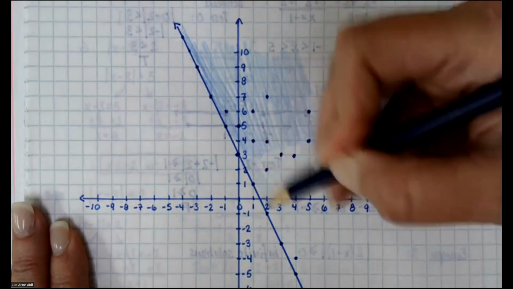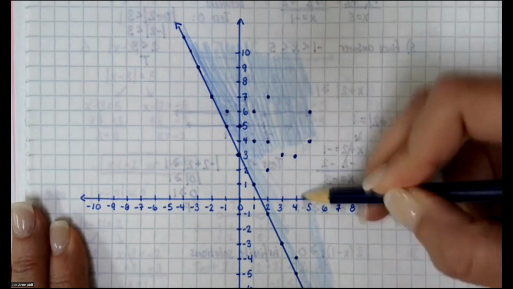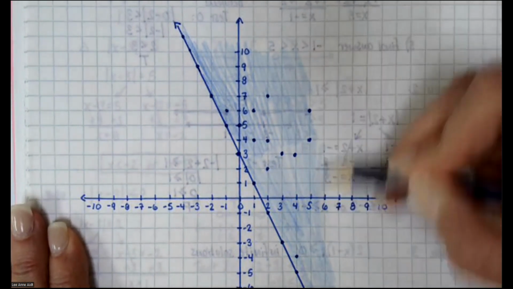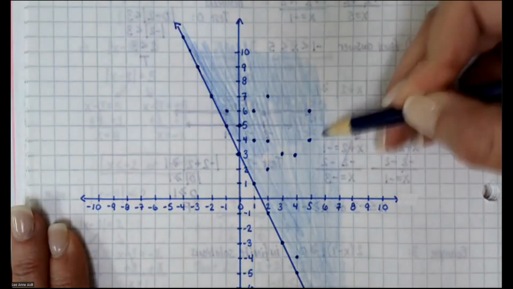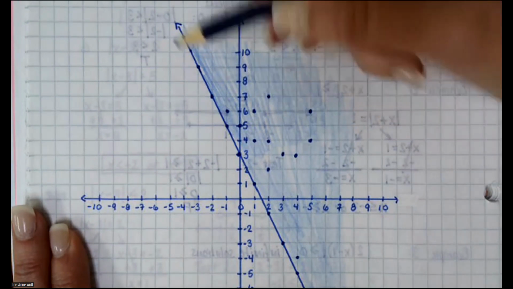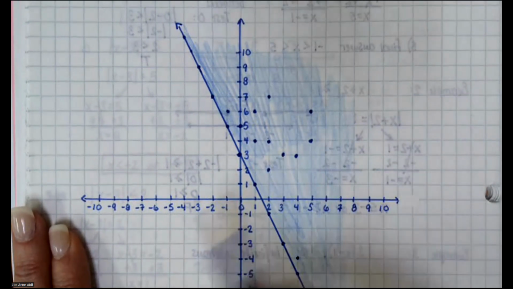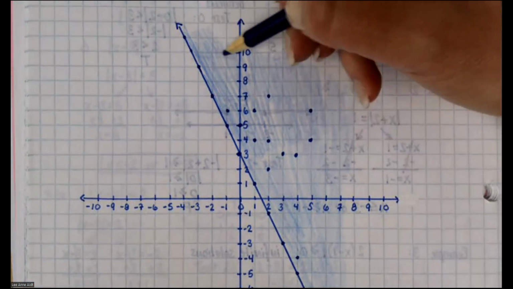Okay, so everything we've learned so far has a boundary point, which would be open or closed, and you'd have an arrow. And with these, they're two-dimensional. So you have a boundary line and your shading area on either side, depending on what side is true and what side is false.